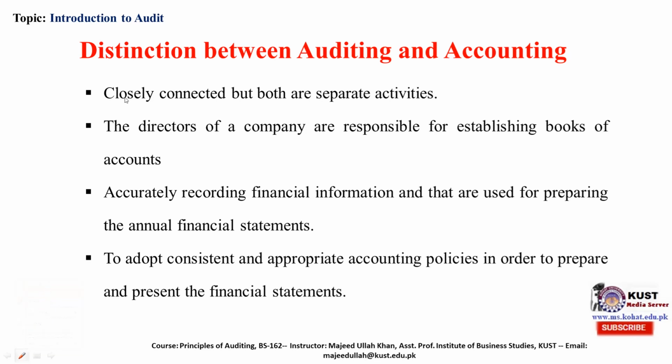Auditing and accounting are very closely connected, but both are separate activities. In accounting, the directors of the company are responsible for establishing books of account. These books of account provide the basis to record financial information, and this recorded financial information is then used in preparing the annual financial statements.